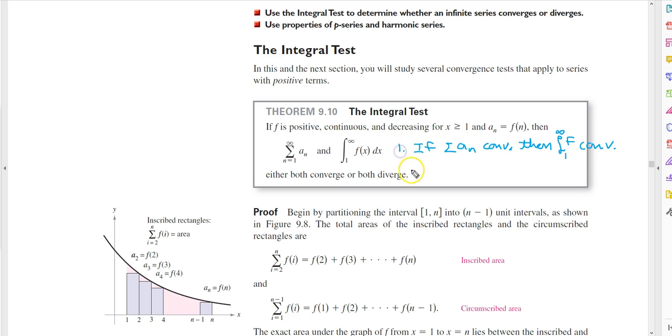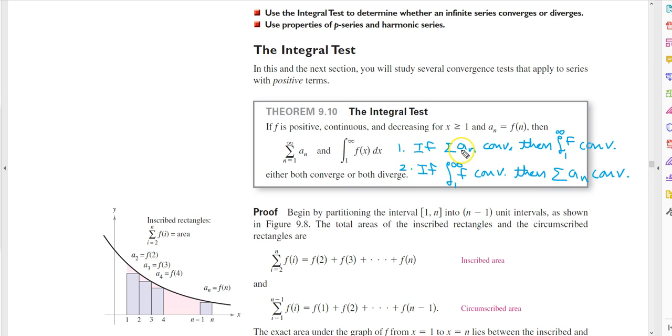And if the integral converges, then the series converges. Okay, so this theorem is really saying two things.